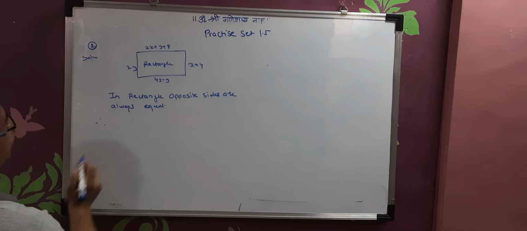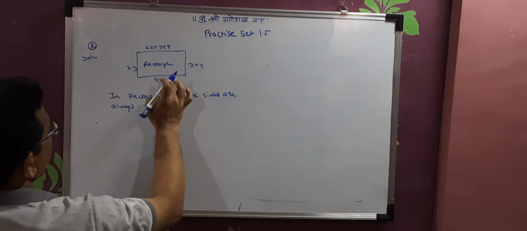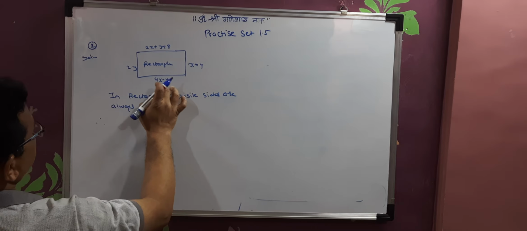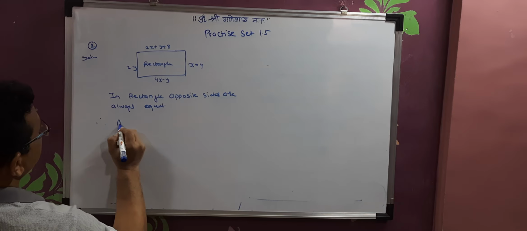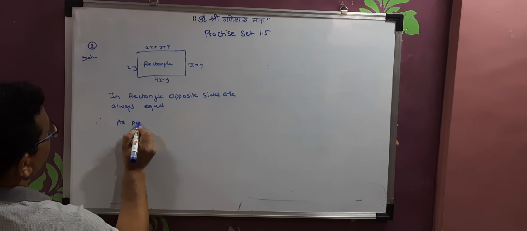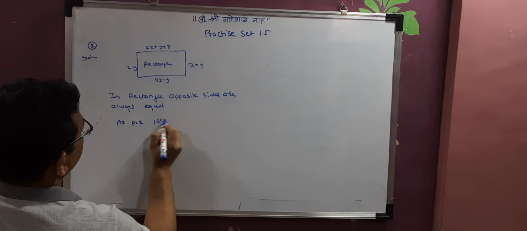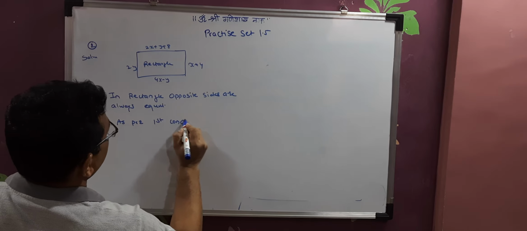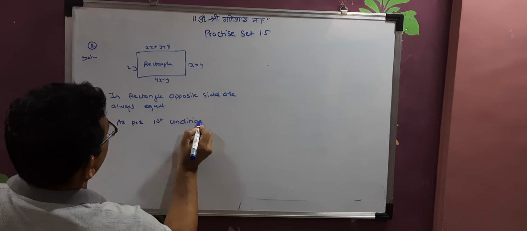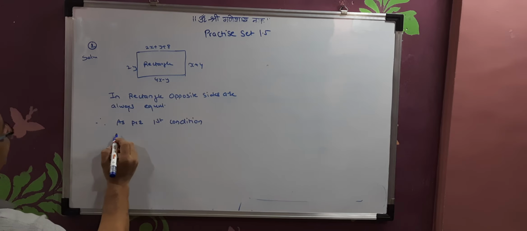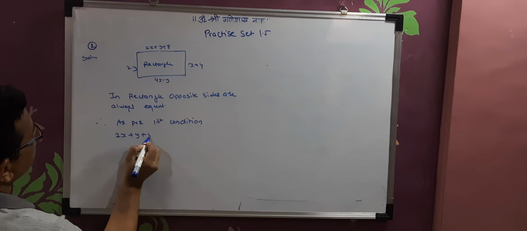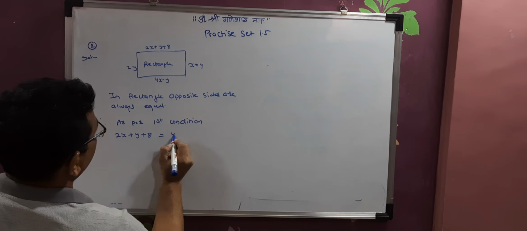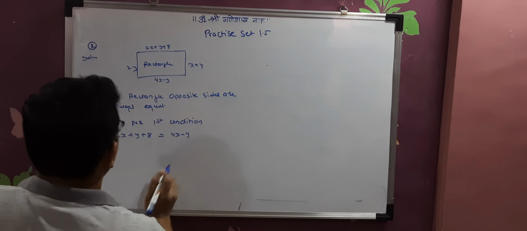So what we will see, this is equal to this is the first condition, this is equal to this is the second condition. So as per the first condition, this is equal to this, that is 2x plus y plus 8 is equal to 4x minus y.